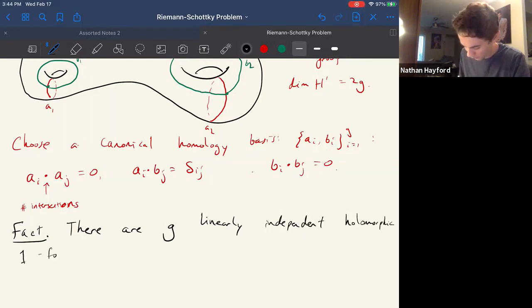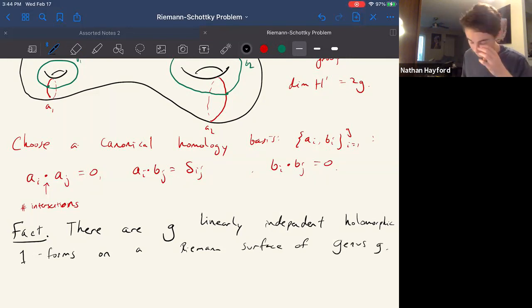On a surface of genus G. Notice that in the case of genus 0, there are none, which anyone here can readily verify: there are no holomorphic one forms on the Riemann sphere.